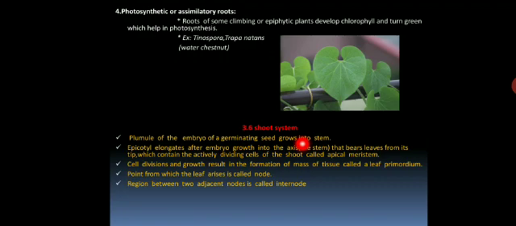Here the shoot contains an epicotyl. What is the meaning of epicotyl? Epi means upper, cotyle means cotyledon. The plumule has the capacity to grow upward only, and that is called epicotyl elongation.